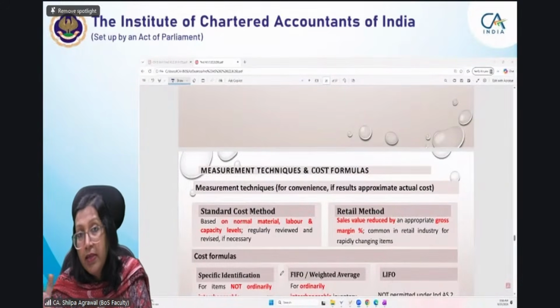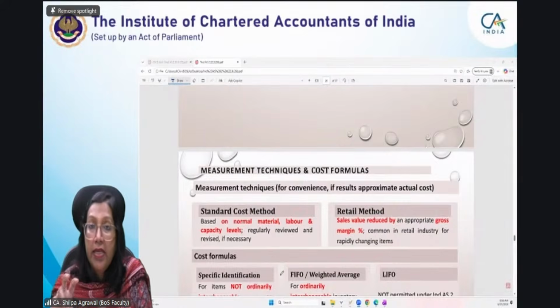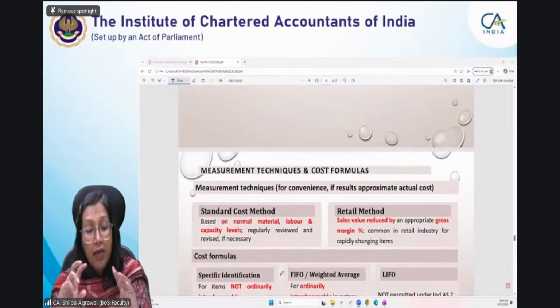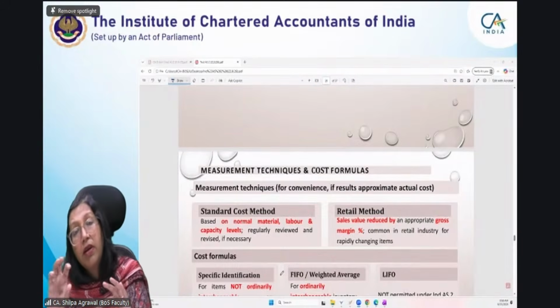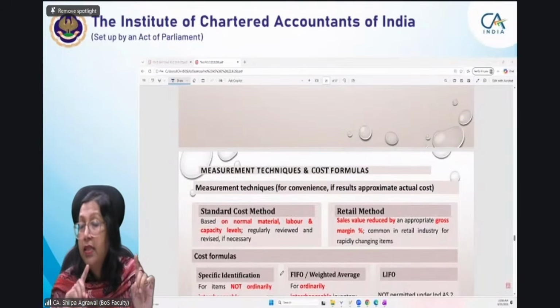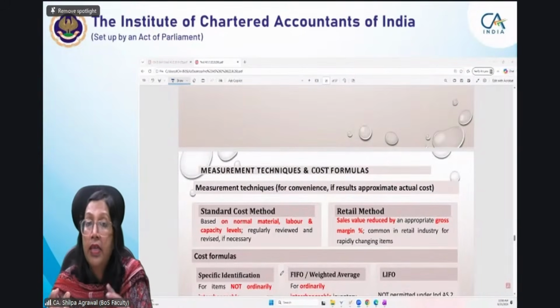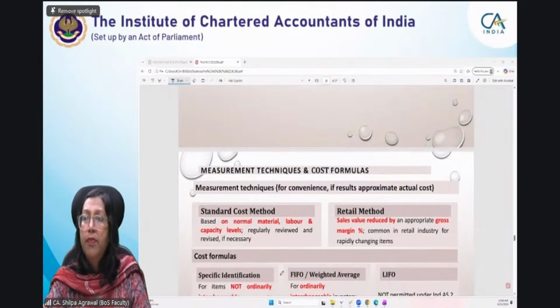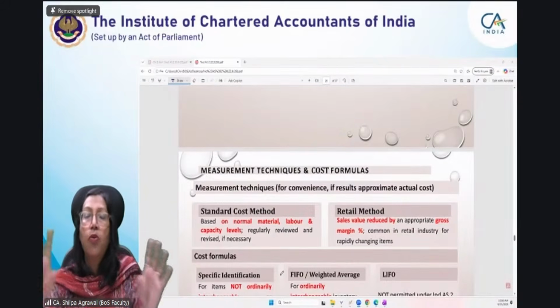In all these different scenarios, your measurement technique will also be different. In general, the measurement techniques provided are the standard cost method or retail method. What is the retail method? Those who do trading, basically they don't deal in manufacturing, they deal in trading of goods. For example, you have a home decor shop.